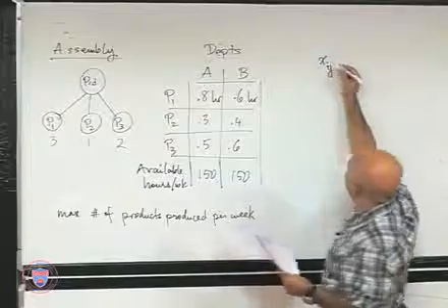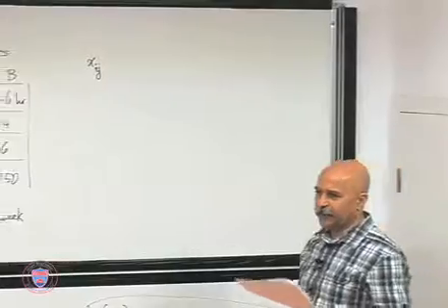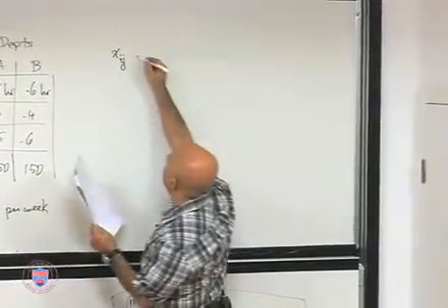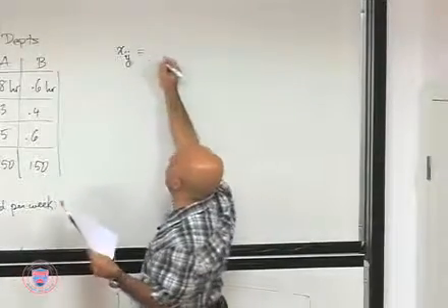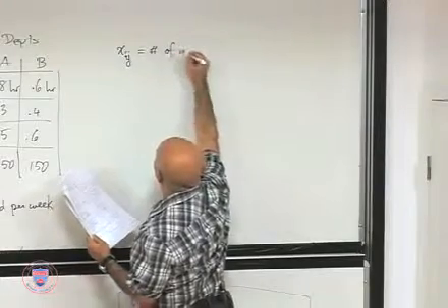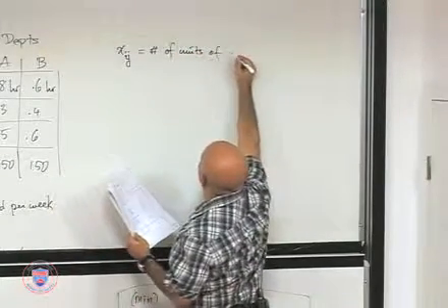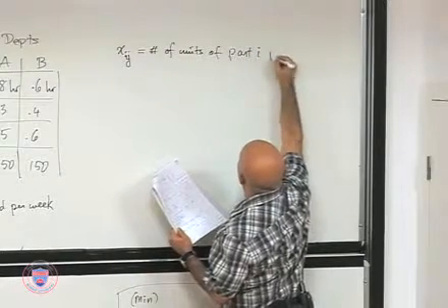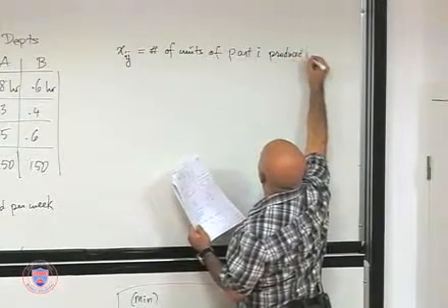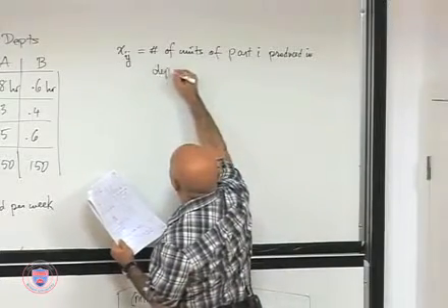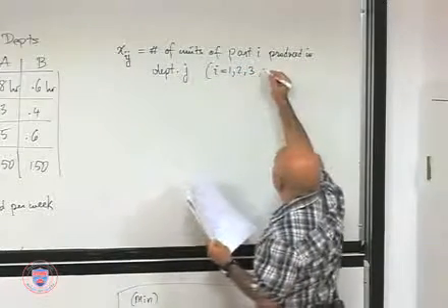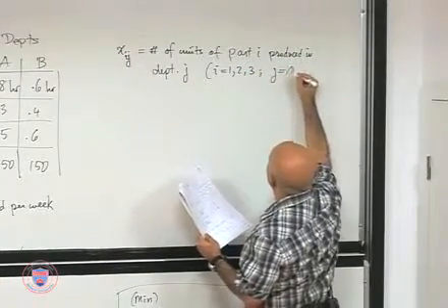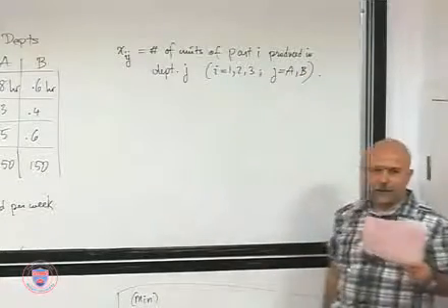So I'm going to define a double subscripted variable here, xij, even though there are other ways of handling this. This is particularly easy. This is the number of units of part i produced in department j. Here i goes from 1 to 3 and j goes as either A or B.